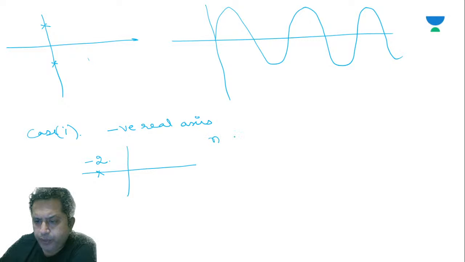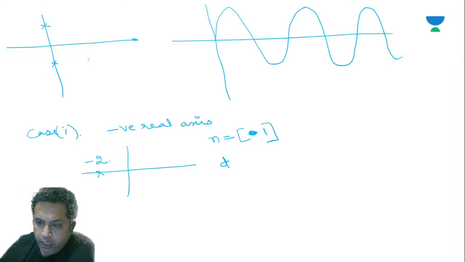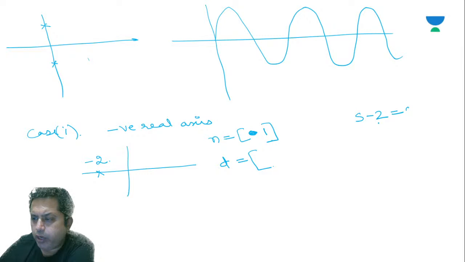No zeros means I will write the numerator n equal to 1. I'm writing in terms of MATLAB. The denominator is s minus 2 equal to 0, so the denominator coefficients are 1 and minus 2.